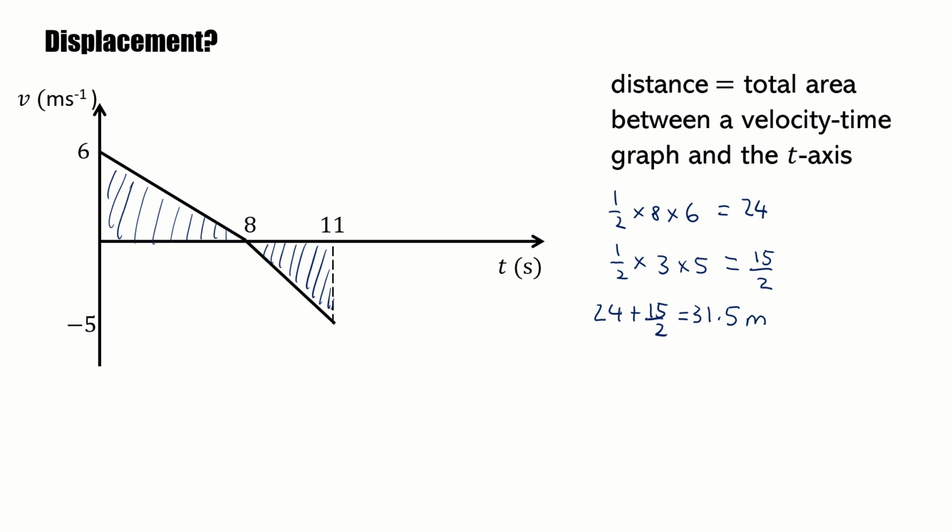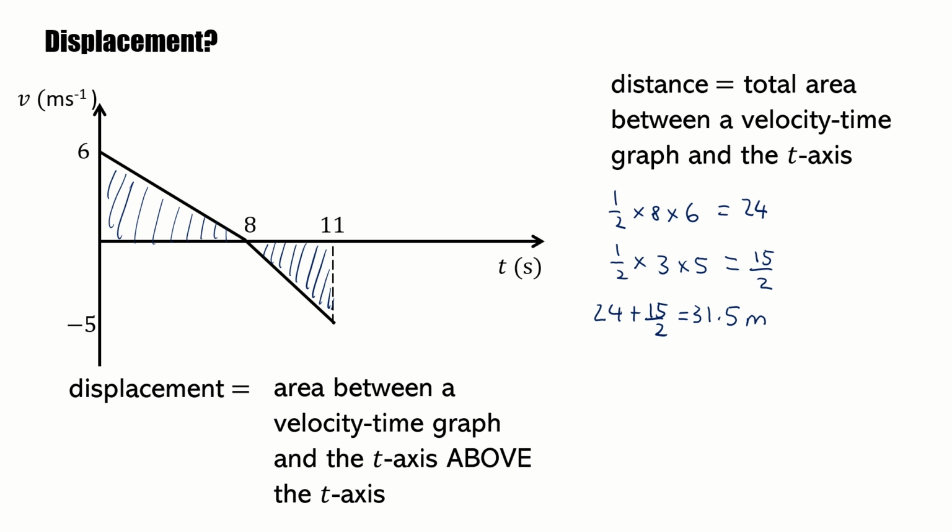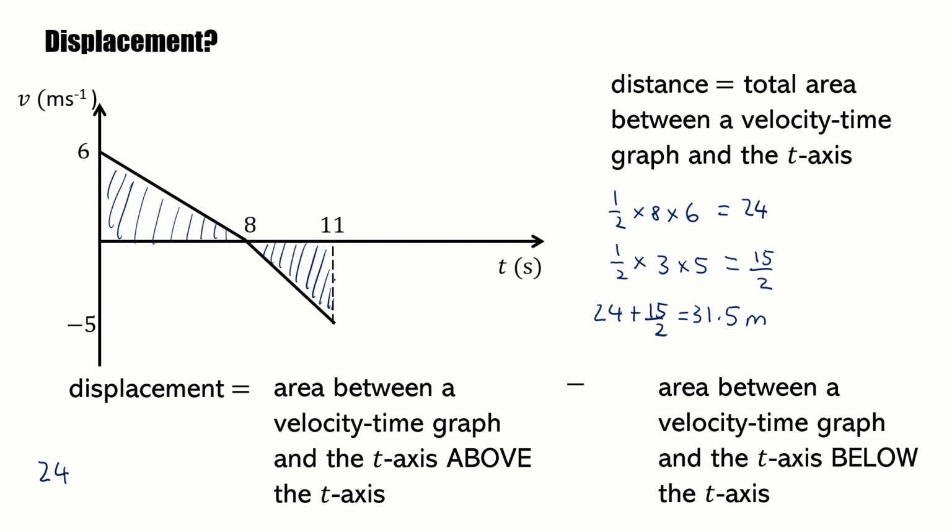But if you got a situation like this where the velocity is above the t-axis for a part of the graph and then below, that's important because it means we're changing direction. So that means the displacement and distance aren't the same, and instead displacement is going to equal the area between the velocity time graph and the t-axis that's above the t-axis, and therefore for us before that was 24 that we calculated already, minus the area that's between the velocity time graph and the t-axis that's below the t-axis.